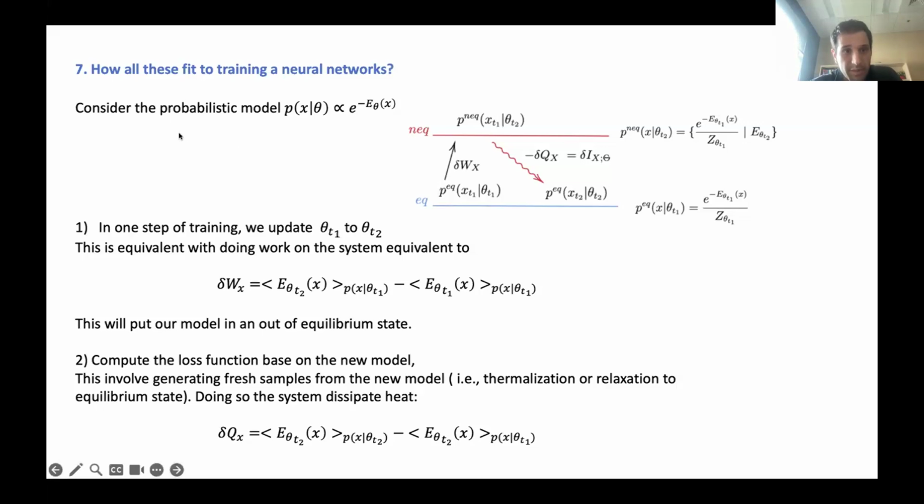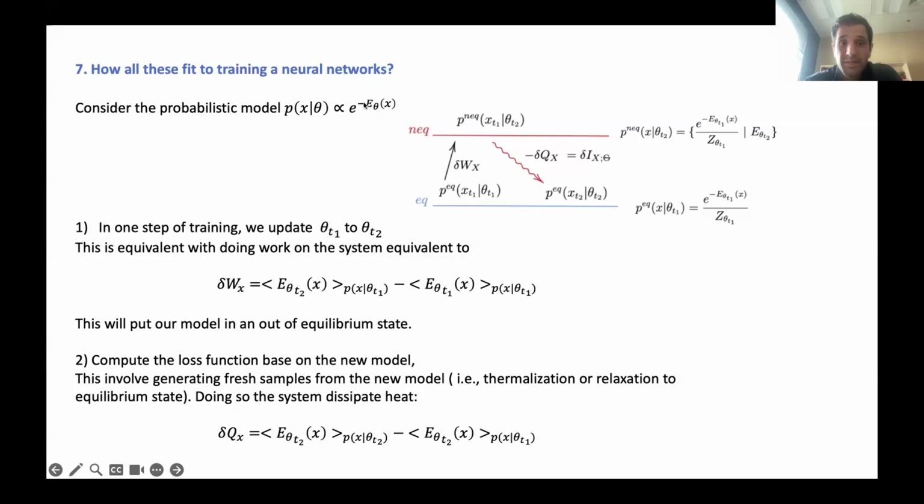So in a very general way, I can write a probabilistic model in this form. This E theta is the function that you usually use your neural network to parameterize. So you usually learn E theta, and then minus log of E theta is your distribution. Your optimizer takes one step to update theta T1 to theta T2.